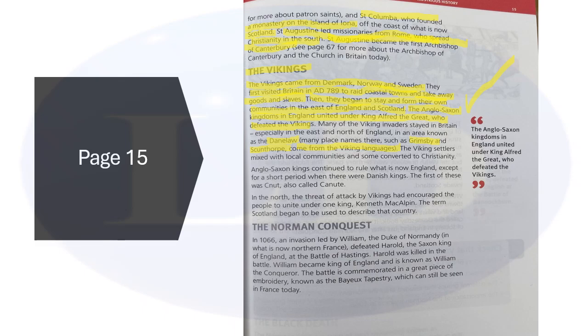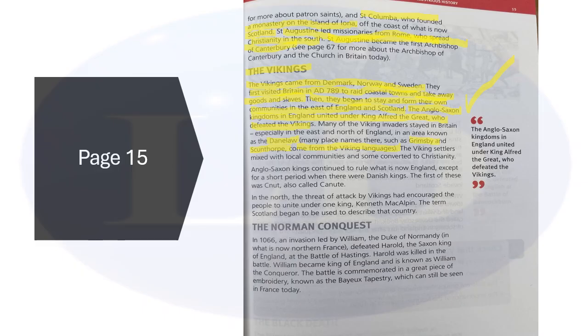So wherever Vikings stayed, obviously they gave names to places in their own language. So sometimes you have the question, the words Danelaw, Grimsby, Scunthorpe come from which language? So that would be Viking languages, okay?